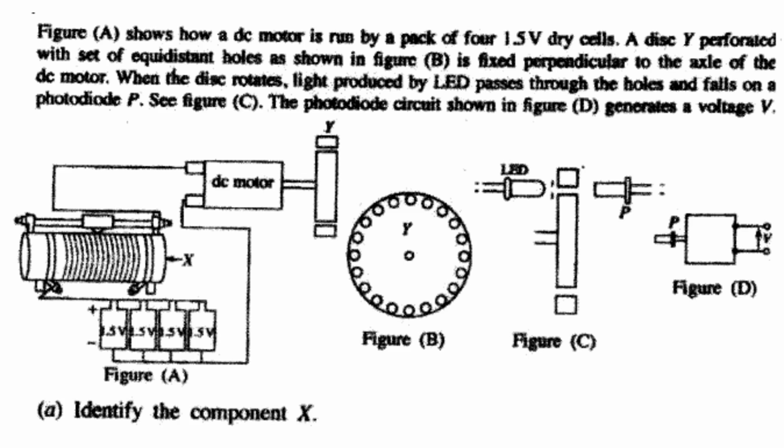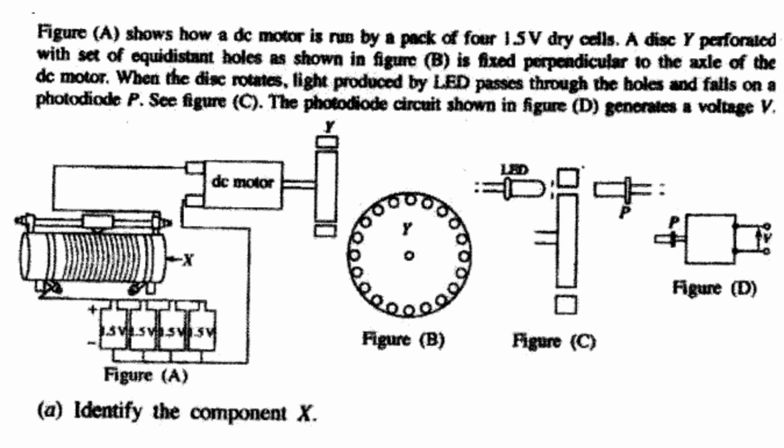Figure A shows how a DC motor is run by a pack of 1.5 volt dry cells. A disc Y perforated with a set of equidistant holes as shown in figure B is fixed perpendicular to the axle of the DC motor.